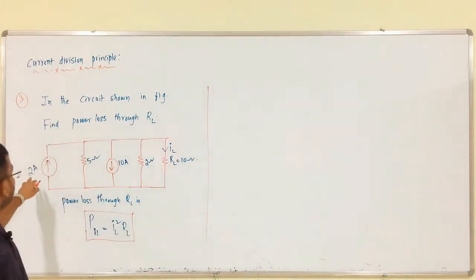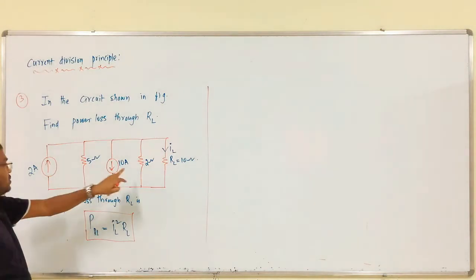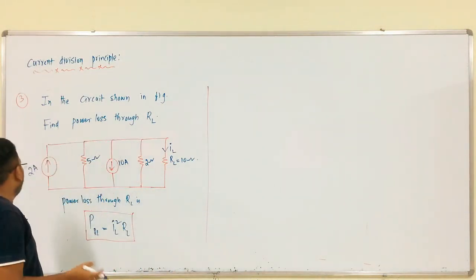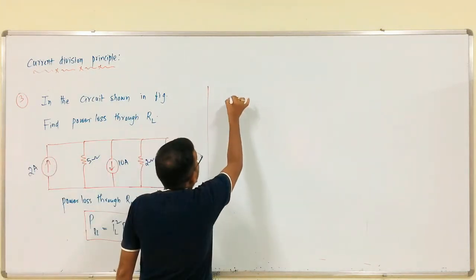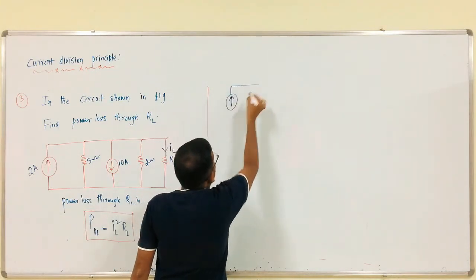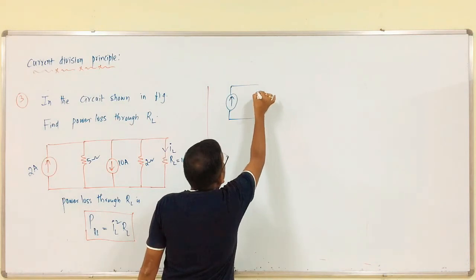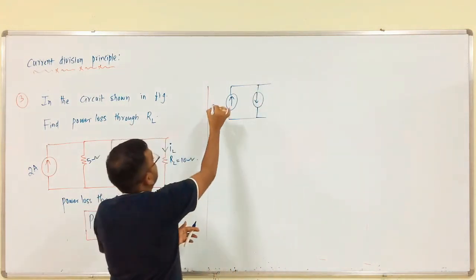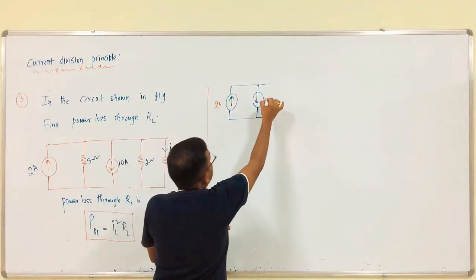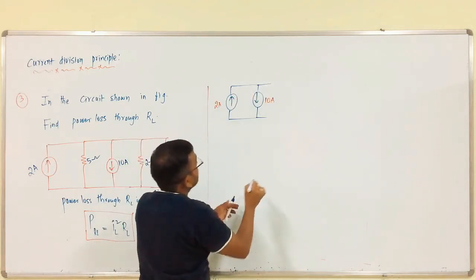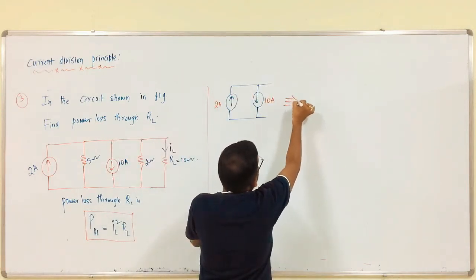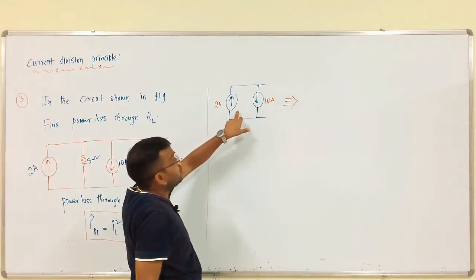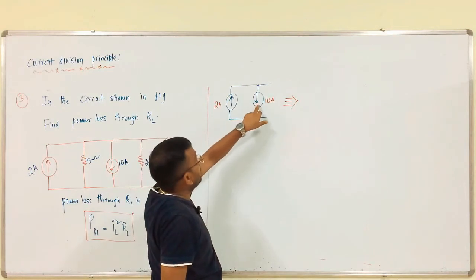From this, we have a 2 amp source, a 10 amp source, 5 ohms and 2 ohms. So, we can modify this circuit. Here it is 10 amps and here it is 2 amps. This is downwards, this is upwards.